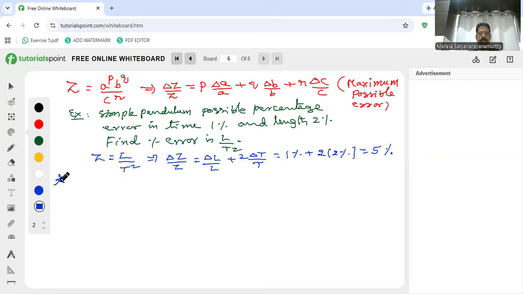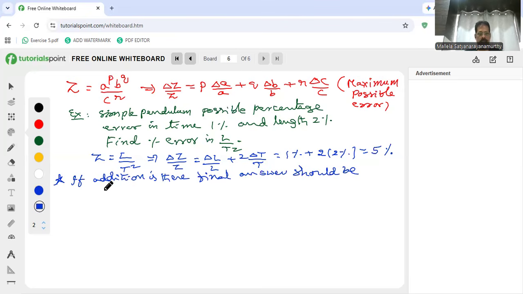Another model of problem, what is that? In significant figures and rounding of numbers, if addition is there, the final answer should be rounded off to the least decimal point.